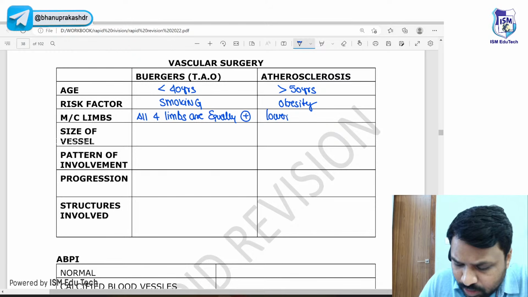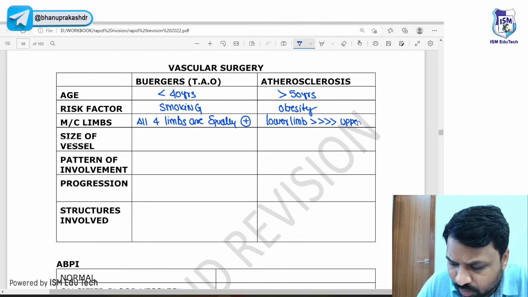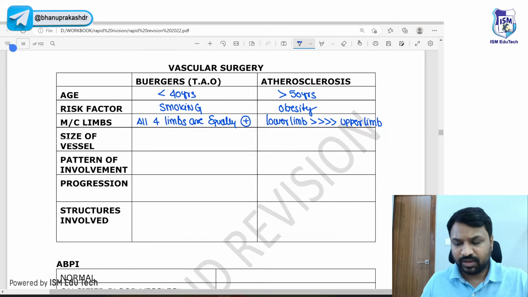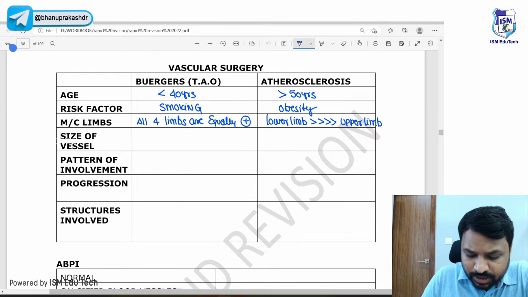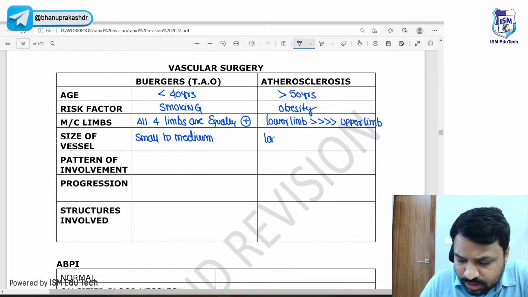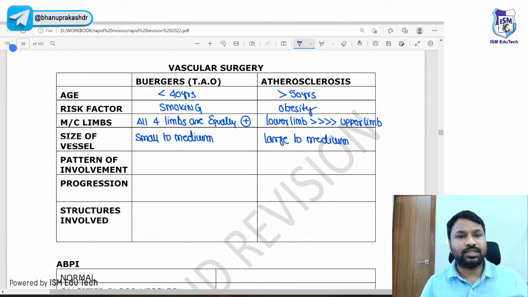Atherosclerosis, it is the lower limb, which is far more common when compared to involvement of the upper limb. Now in Buerger's, the size of the vessel involved is small to medium sized blood vessel. Atherosclerosis is always large to medium sized blood vessels.